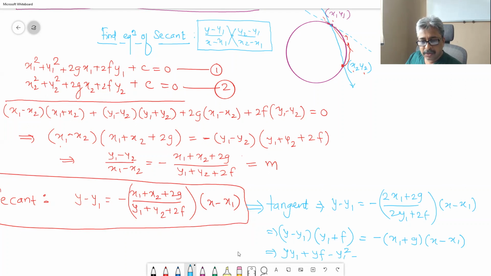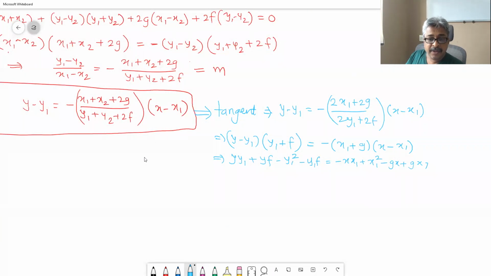Minus y1 f is equal to minus x1 plus x1 square minus gx plus gx1. Look now, carefully see what is going on. Because everything is multiplied, now everything is taken to LHS.